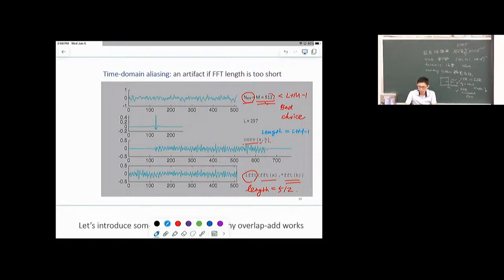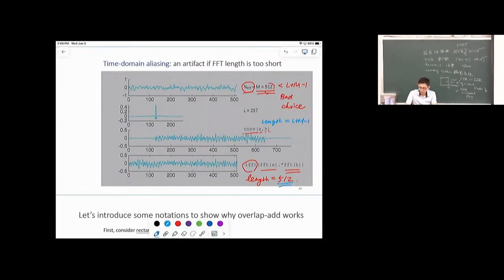This is incorrect, and the way it is incorrect is that the last part of the output is going to be wrapped around and superposed onto the beginning, which is wrong. We call this artifact time domain aliasing, because now things are occurring in the time domain at the wrong place.